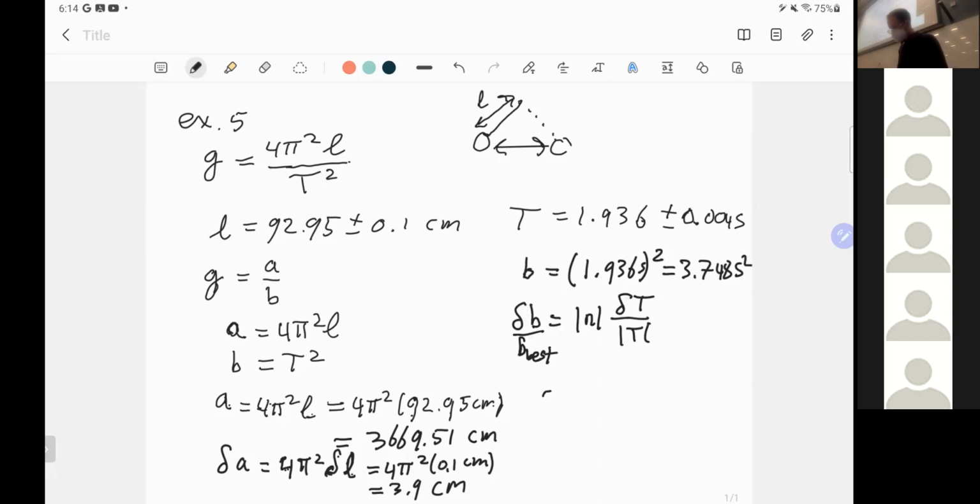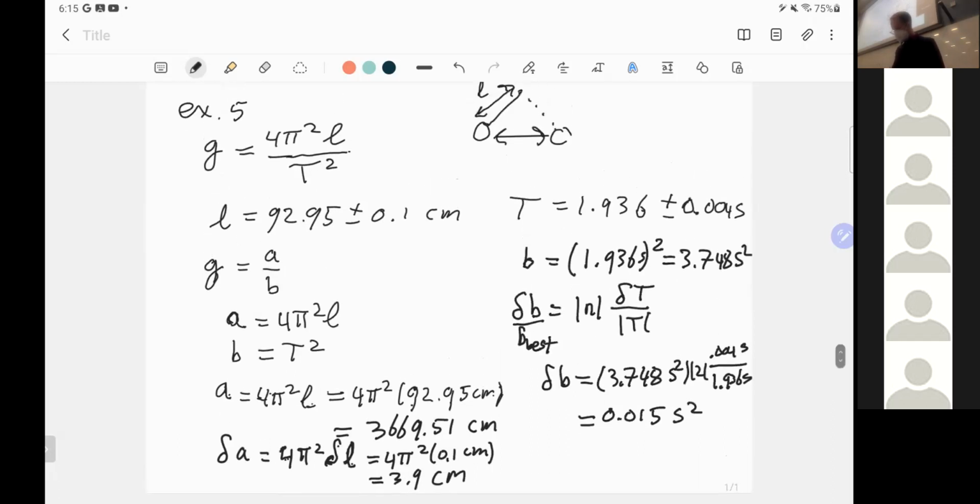Delta B then we get by multiplying both sides by B best, which is 3.748 seconds squared, times the exponent 2, times delta T, which was 0.004 seconds, divided by 1.936 seconds. If you punch that into a calculator, you should get 0.015 seconds squared.